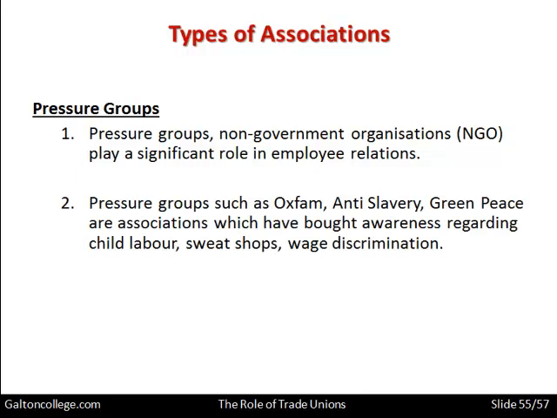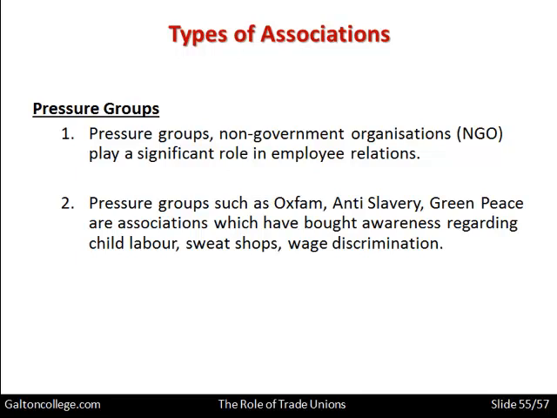So we can imagine grouping pressure groups under various headings. There are some very famous ones. Oxfam, anti-slavery. We think of slavery in the past, but slavery exists in the 21st century. People are being abused in the 21st century and kept under terrible conditions, working conditions, right throughout the world.